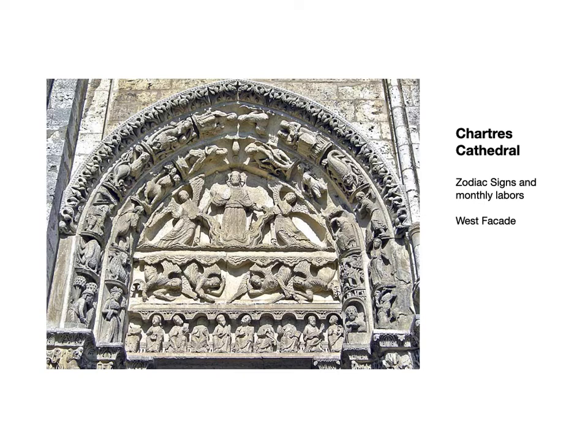Here we have the arch above the doorway at Chartres Cathedral in Paris, and we see the zodiac, the signs and the monthly labors. And this is one of the things that we see again and again in medieval art.